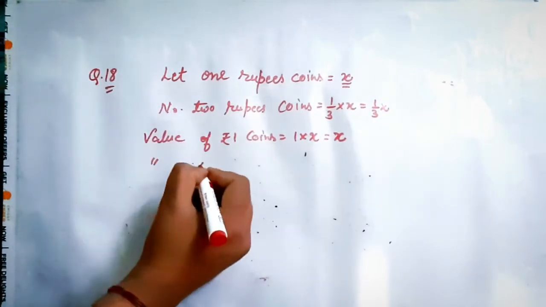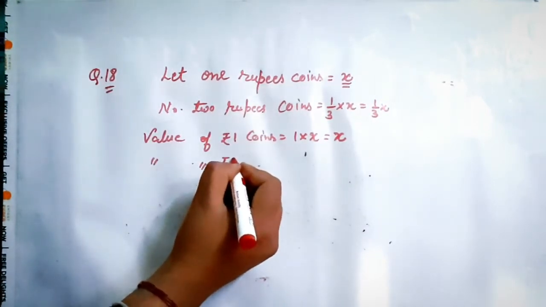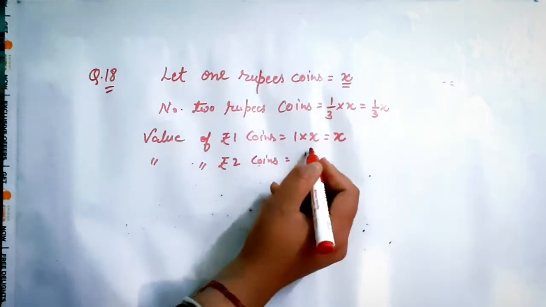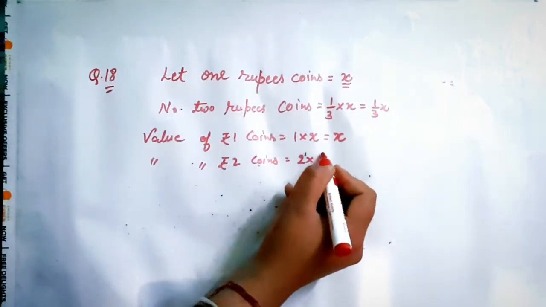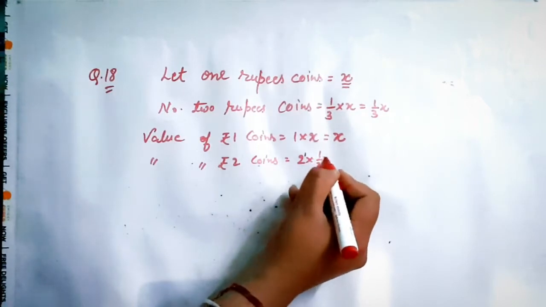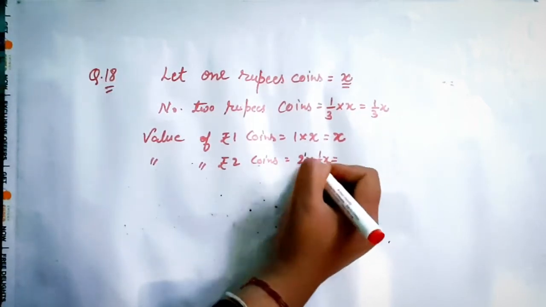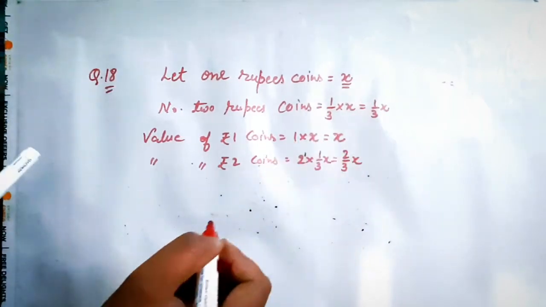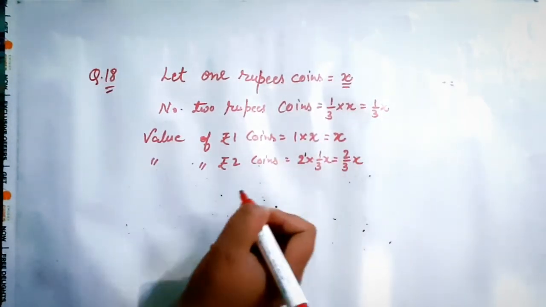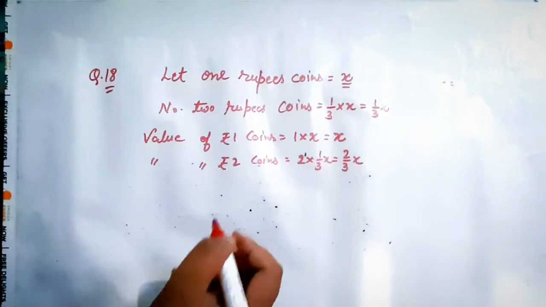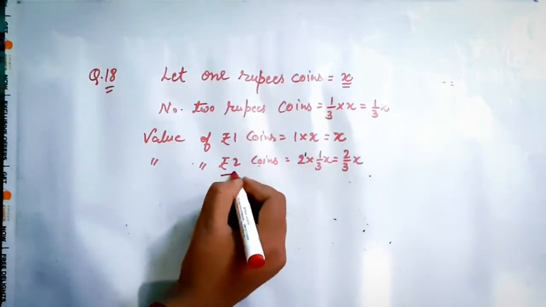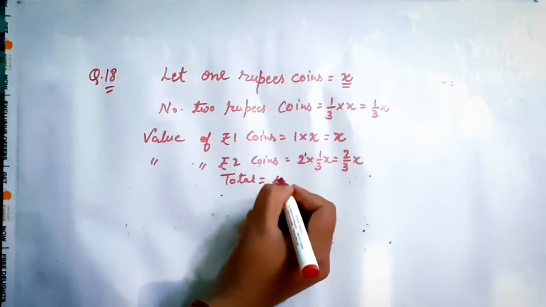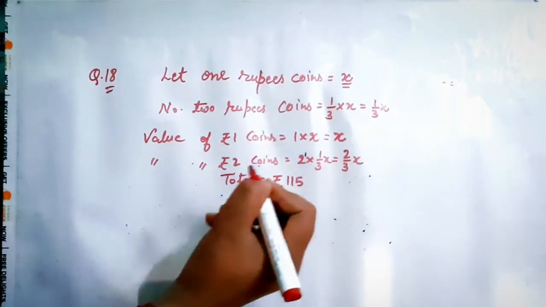And the value of 2 rupee coins will be 2 multiplied by 1 upon 3x, which is 2 ones are 2, that is 2 upon 3x. Now according to the question, the total amount is given equal to rupees 115.